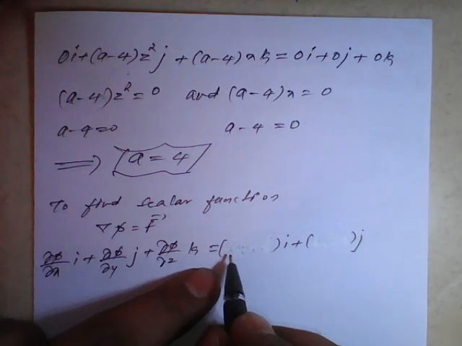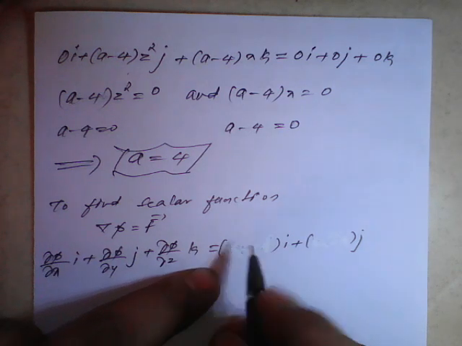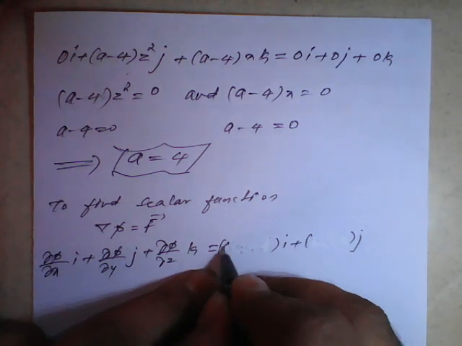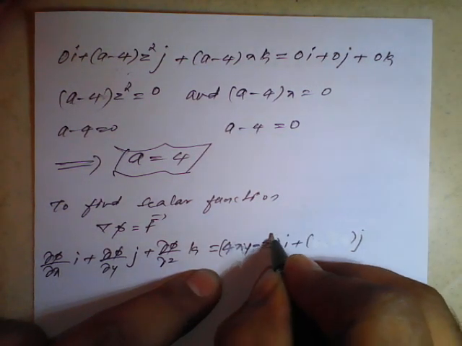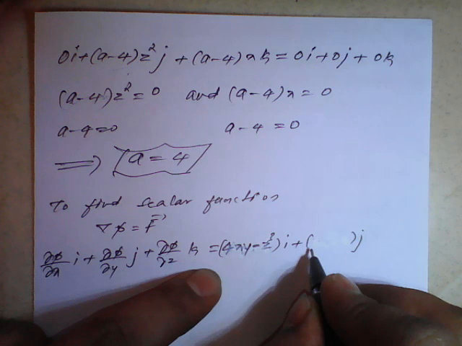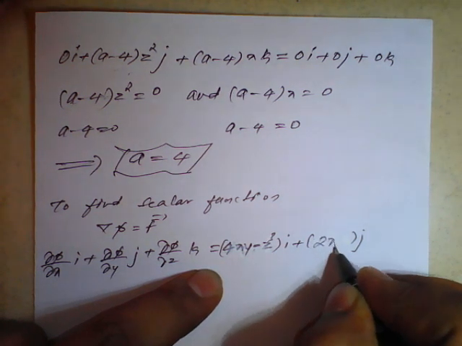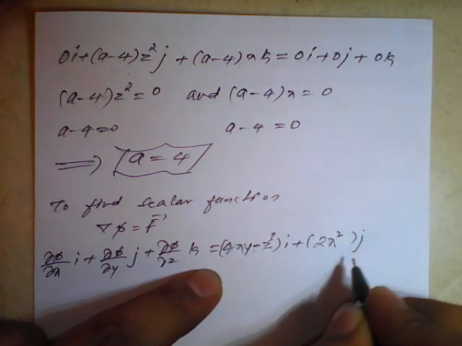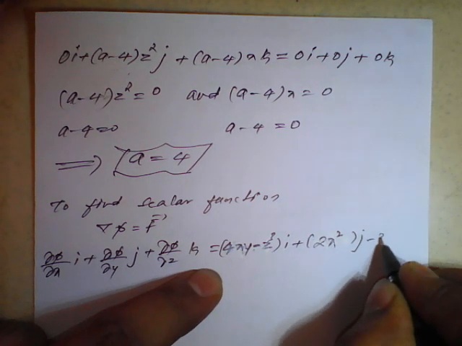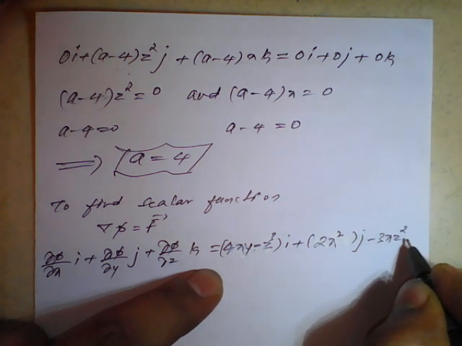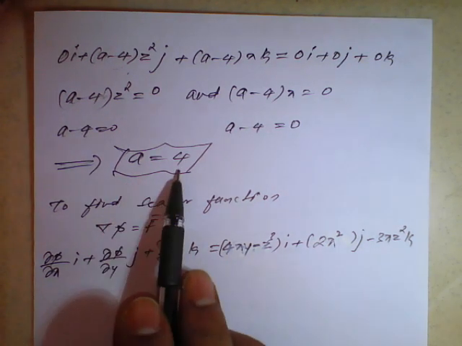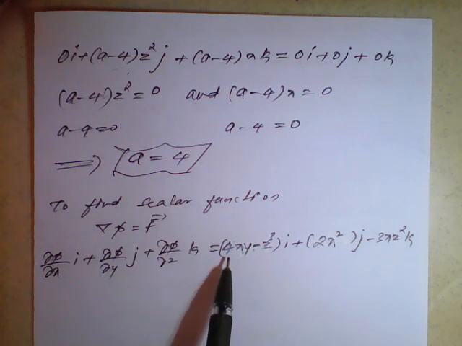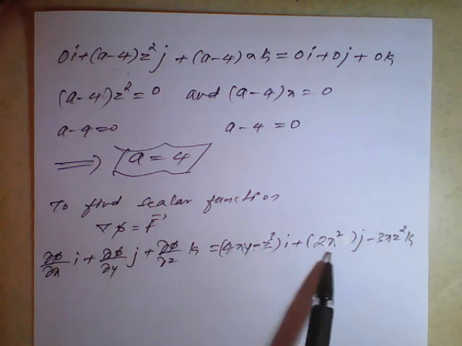So when you replace the value of a as 4, we get 4xy minus z cube of i plus 2x square of j minus 3xz square of k. So this I have taken from the vector f with the value of a as 4 applied, then we got this expression.